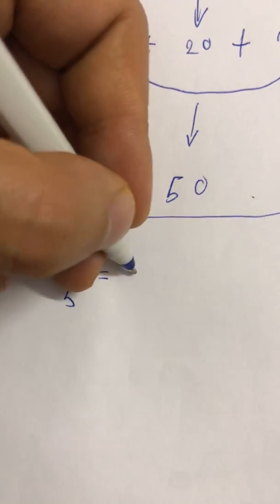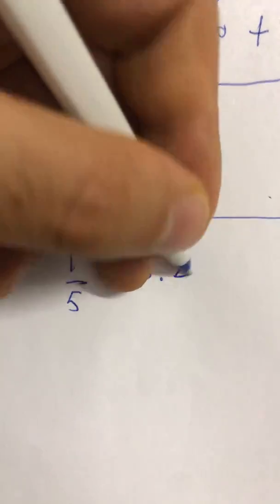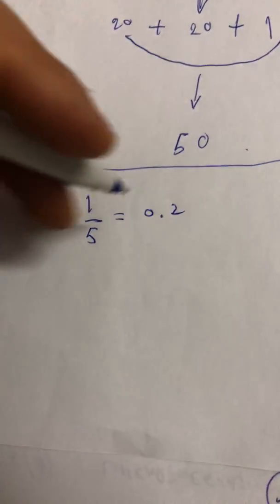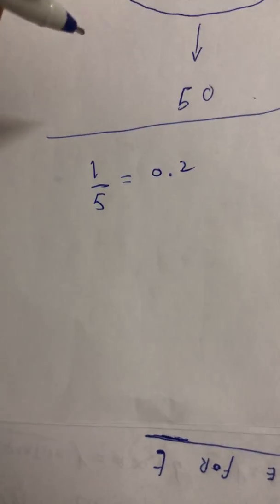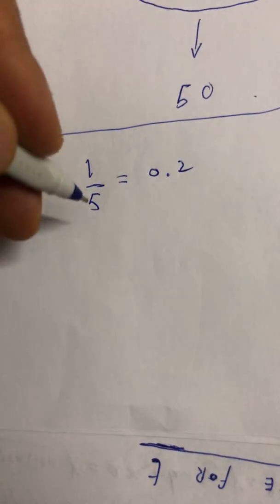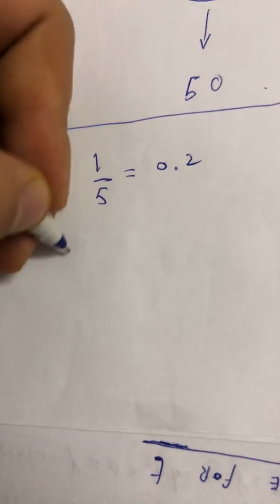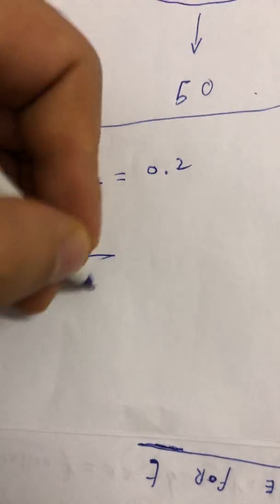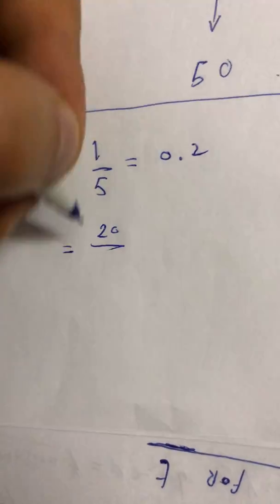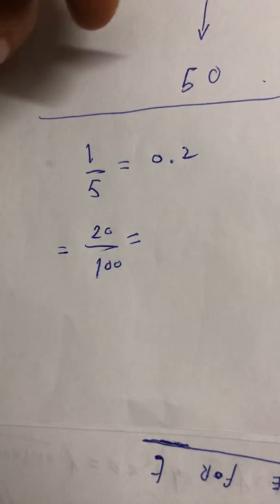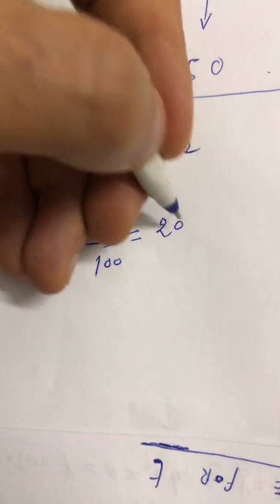And 1 over 5 is, in decimal, 0.2. When I want to make this in percentage, as we have seen in the classroom, we just multiply to find 100, multiply by 20 over 20. So 1 times 20 is 20, and 5 times 20 is 100. So 20 over 100 in percentage will be 20%.